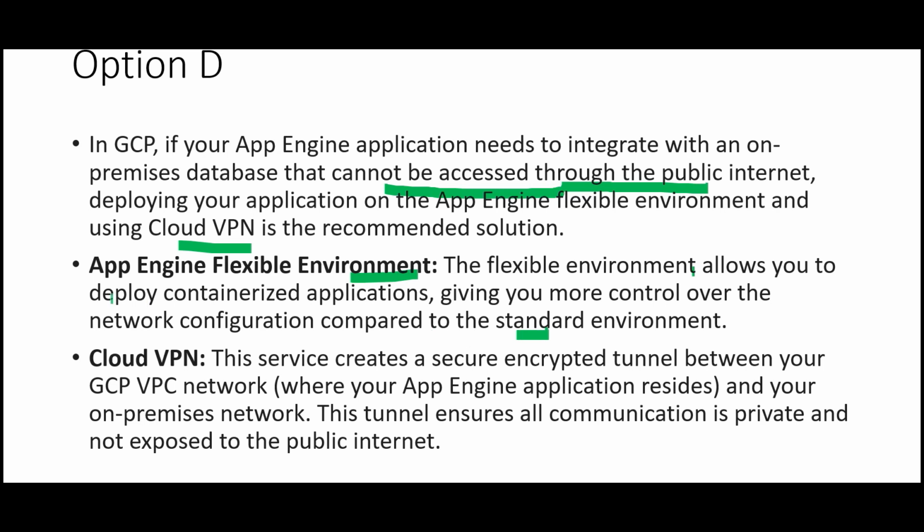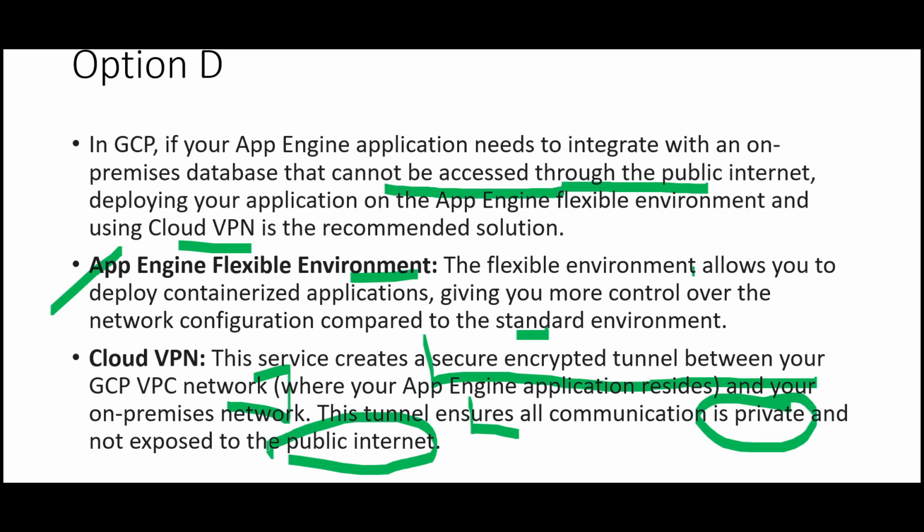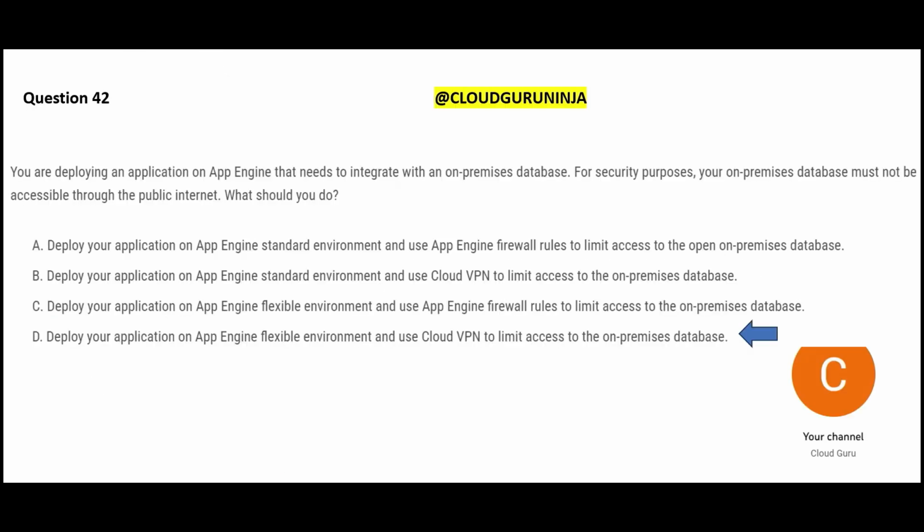So we want more control, and that we got. And Cloud VPN creates a secure encrypted tunnel between your GCP and on-premises, which is very secure, and this tunnel ensures all communication is private. It is not exposed to the public internet. That is why option D is our final answer. We will deploy the application in the App Engine flexible environment and use Cloud VPN to provide no access through the public internet.